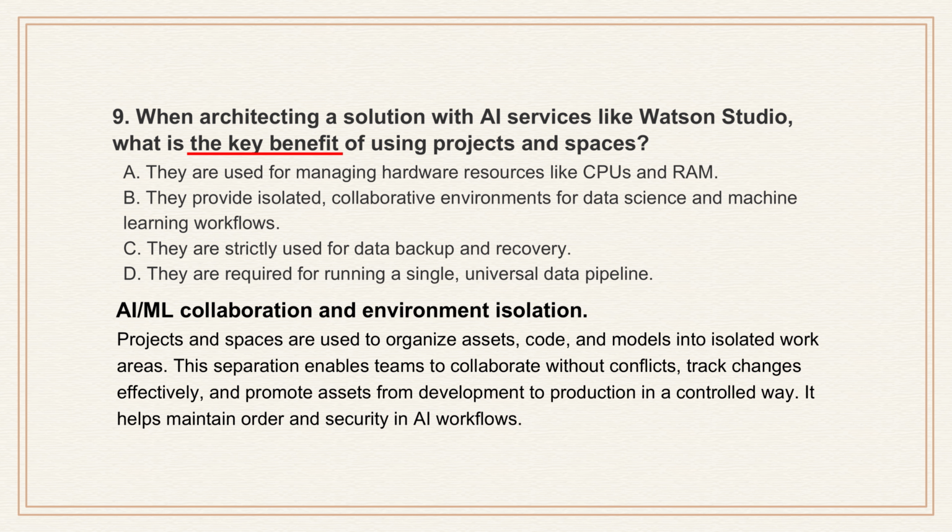Like sandboxes. Exactly like sandboxes, or maybe individual digital studios, places where data scientists and ML engineers can work on their own stuff, or together, without stepping on each other's toes or overwriting experiments or code. That avoids conflict. It enables controlled collaboration, yes, but also really important things like proper versioning of models and data and crucial environment isolation for development.